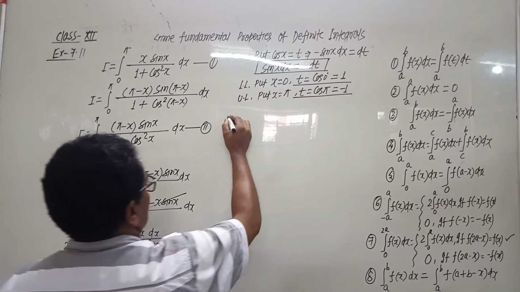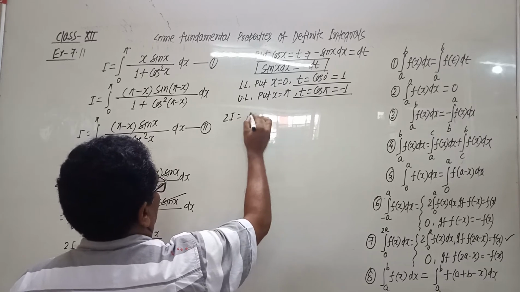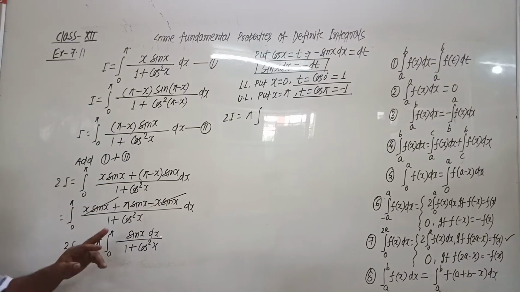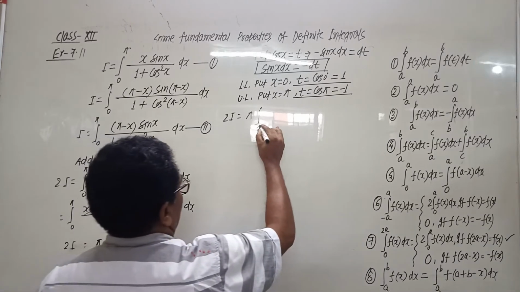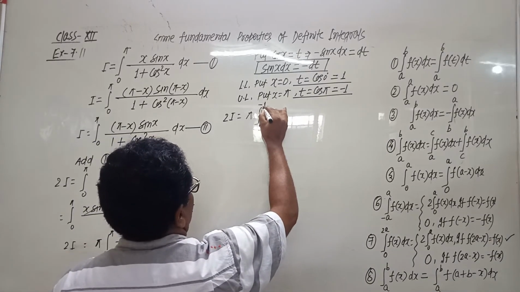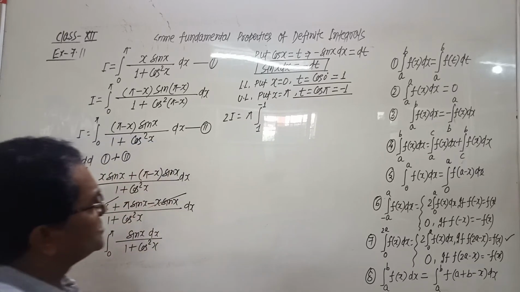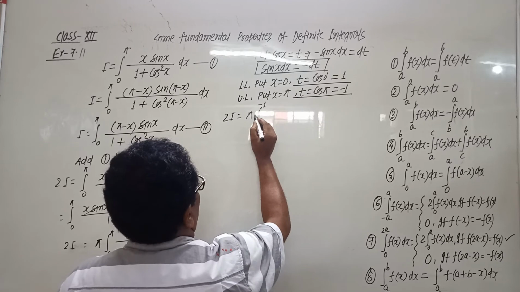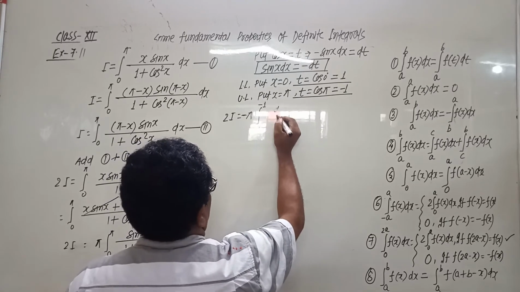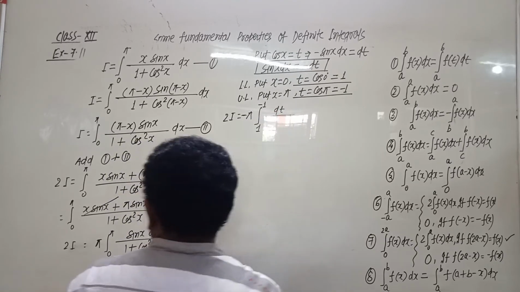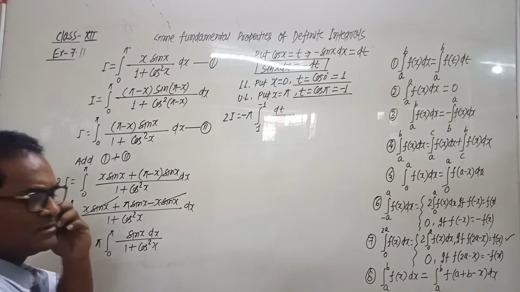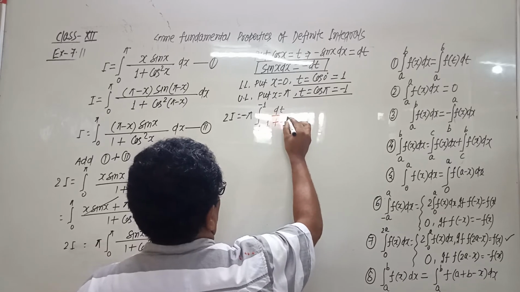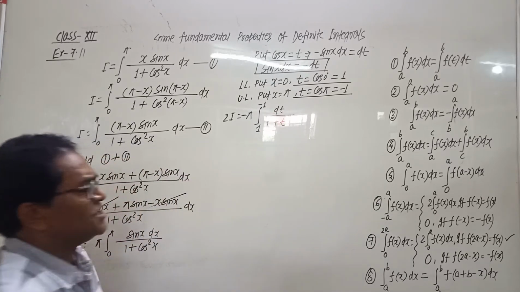Then this becomes 2I equals to pi integration, lower limit 1 and upper limit minus 1, and sin x dx is written as minus dt. So minus outside, dt upon 1 plus cos square x, and this becomes 1 plus t square.